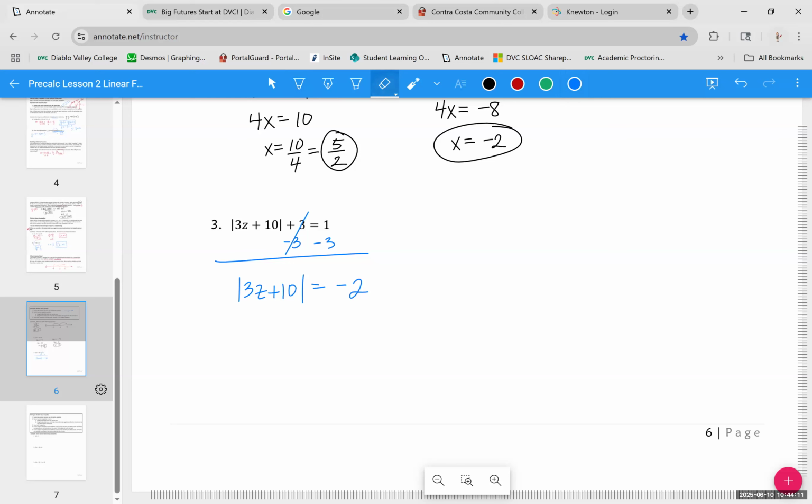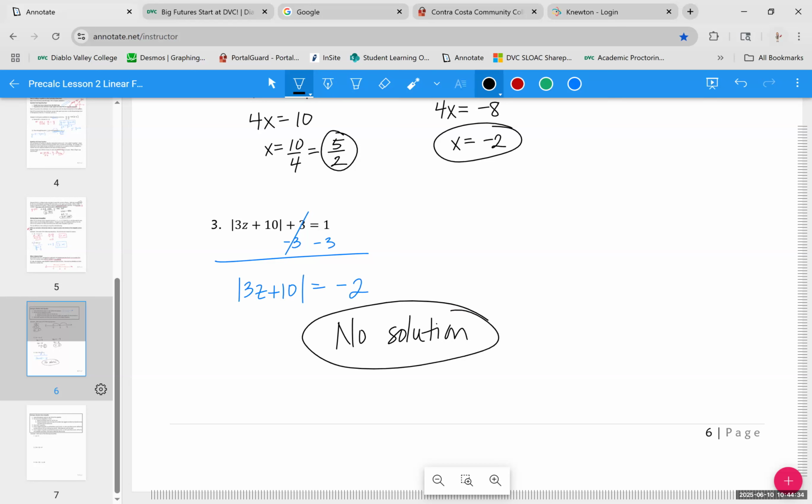The other reason I have this example here is I'm hoping you're looking at this and going, wait, that doesn't make sense. I have the absolute value equals a negative number. Absolute value is always positive, or 0, could be 0, but it can't be negative. So as soon as you see this, then you know that this has no solution.